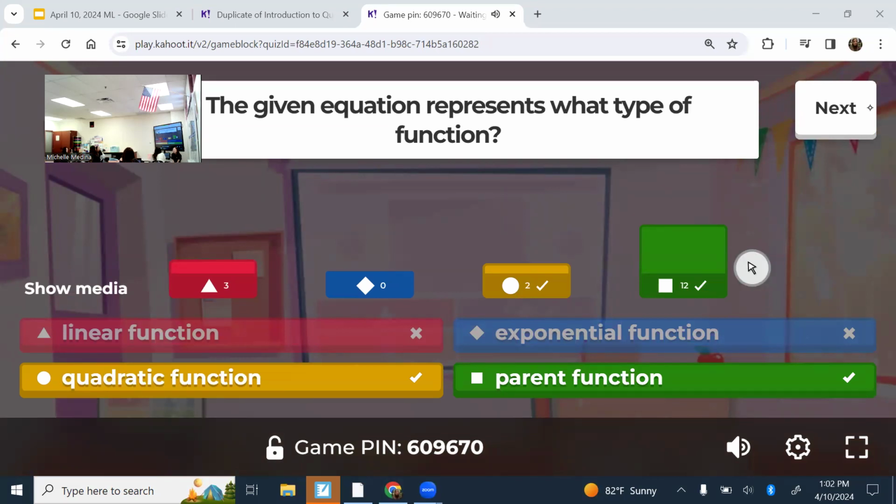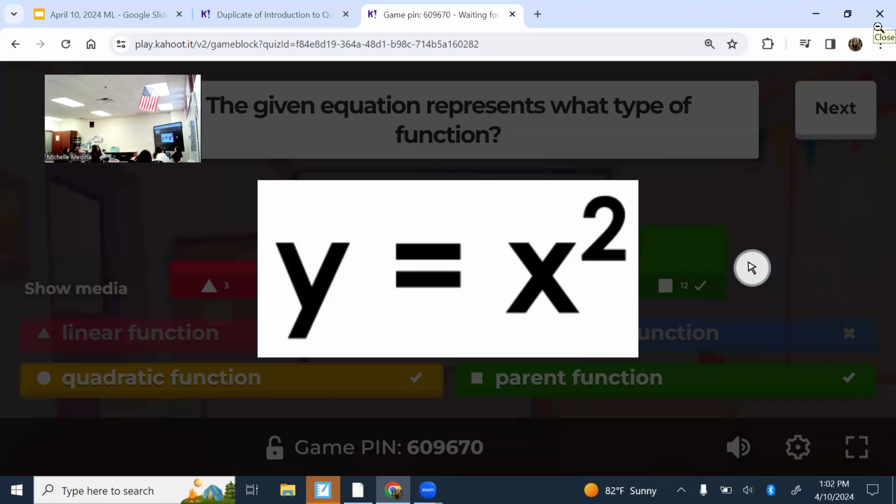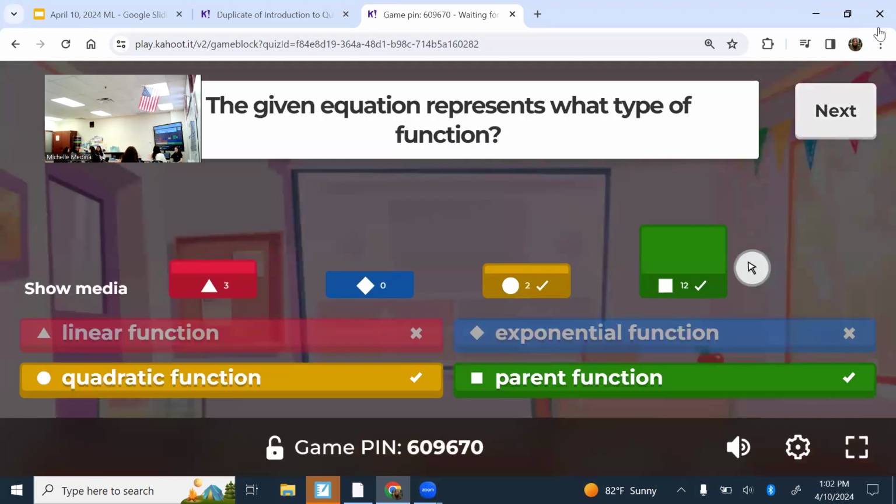Okay, parent function, it's still a quadratic, so at least I marked both of them as right. But this we call the parent function, because it's the most basic one that you can have, like the minimum requirement for it to be a quadratic. All right, this will be the last one.